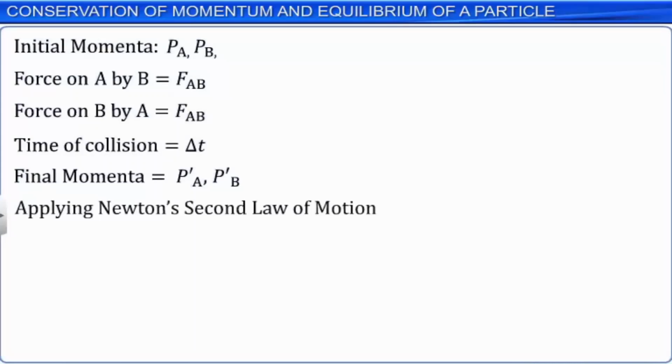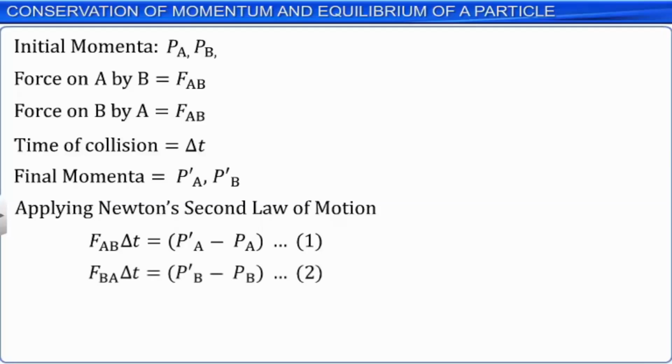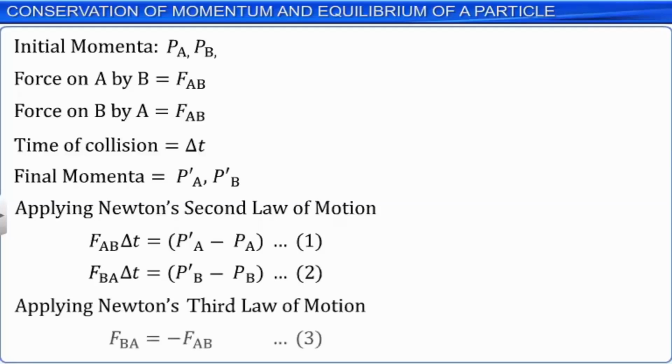Applying Newton's second law of motion to the two bodies, we get Fab delta t is equal to P dash A minus Pa, and Fba delta t is equal to P dash B minus Pb. Applying Newton's third law of motion, we get Fba is equal to minus Fab.